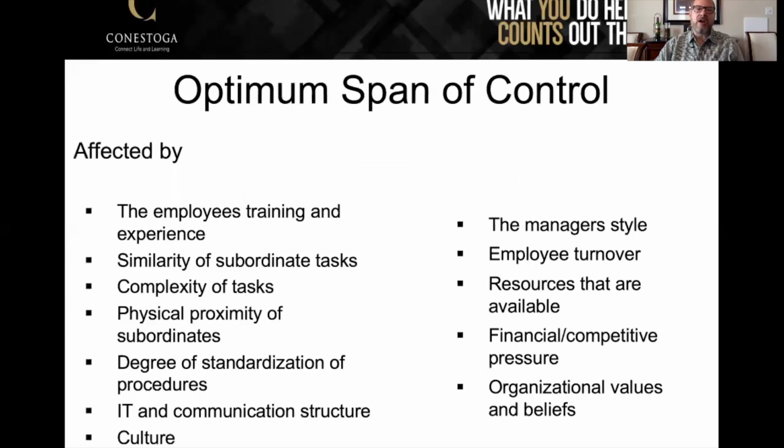And there's all kinds of different elements: the complexity of the tasks, the turnover that you have, the culture of the organization, the complexity of the business that you're in. So optimum span of control is very circumstantial. There isn't a universal that says, if you're at this level, this is the right thing. It really is driven by the circumstance.